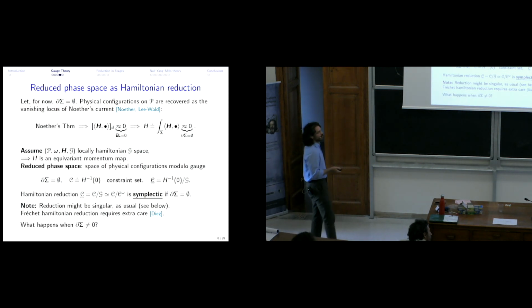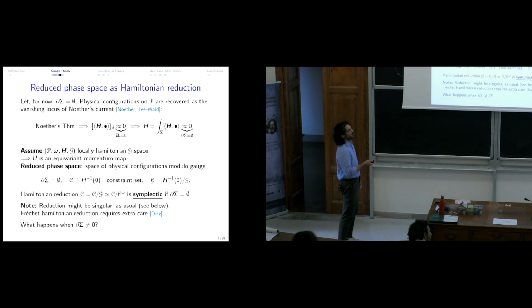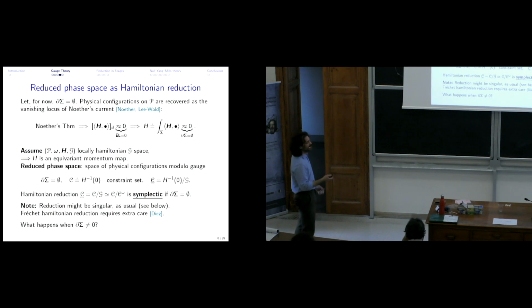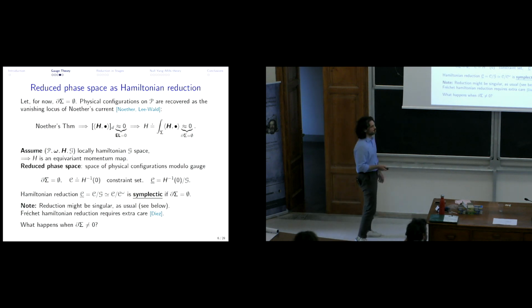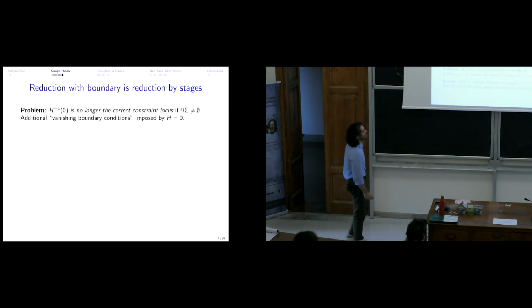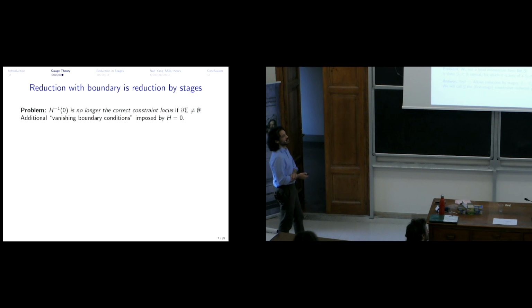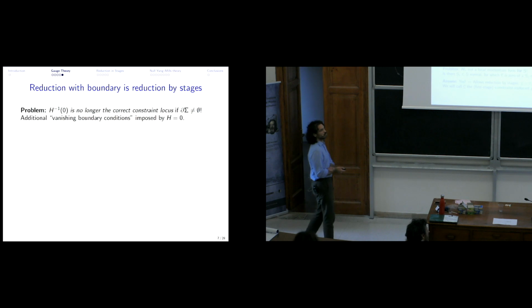But the question now is, what happens if my codimension 1 hypersurface inside the cylinder has a boundary, which I think of as a corner component of the corner for M, for the higher dimensional manifold? So what fails is that the zero level set of Noether's current is no longer the correct locus.